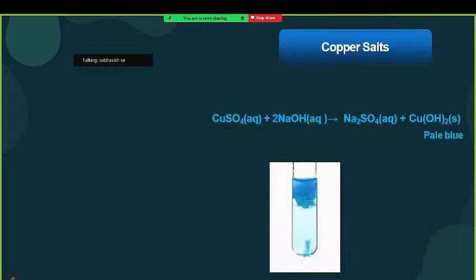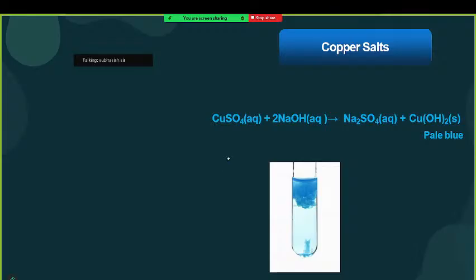Now move on to the next one, the copper salt. It is the easiest of all the salts. Copper ions are generally blue in color, but some salts like copper carbonate are green, and copper nitrate is also green, but most of the other salts are blue.